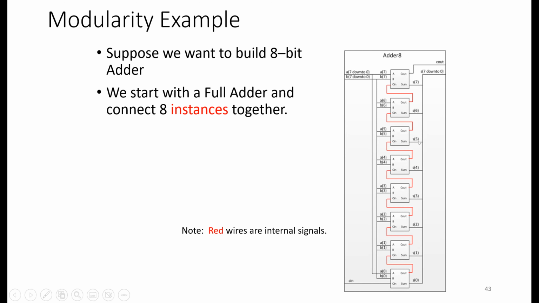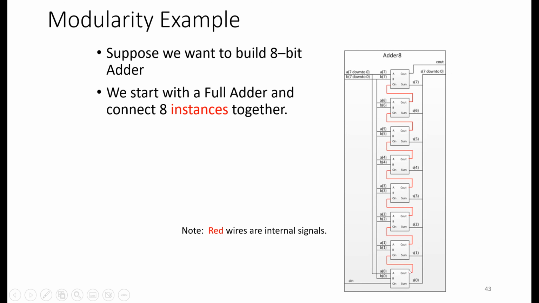What will be my output? 8 summations, 0 to 7. Those are the 8. And the highest bit, I'll take its carry out. What are those red lines?